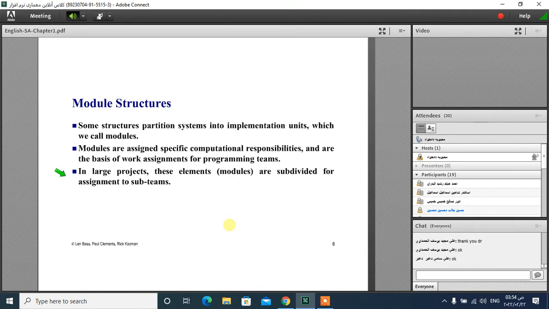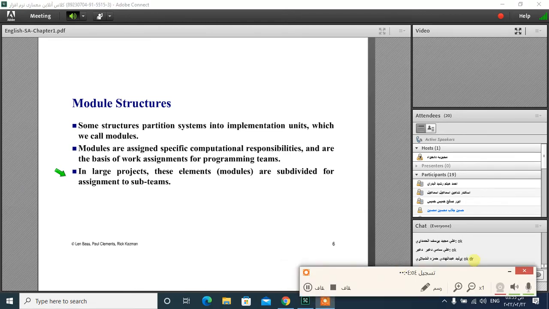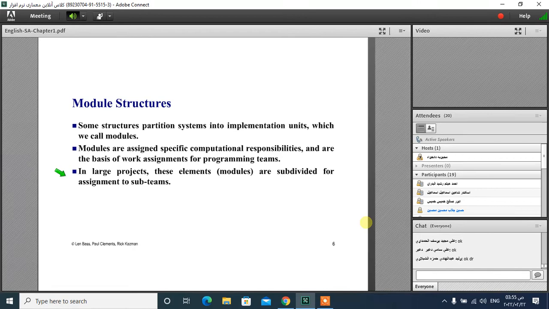As I said before, most of the time we have high-level modules, and each one of these high-level modules is composed of sub-modules. We can use the structure of these modules and the sub-modules to form our programming teams and sub-teams.